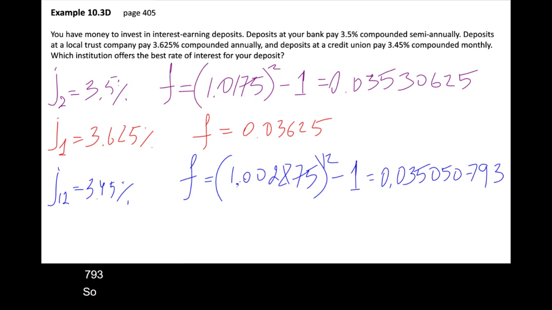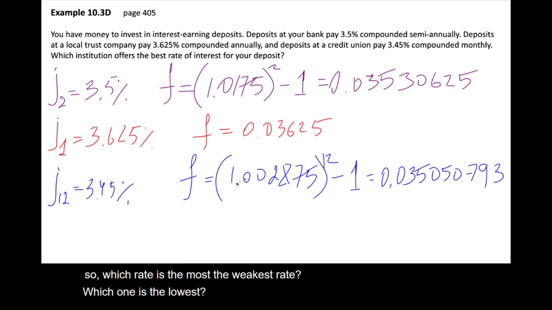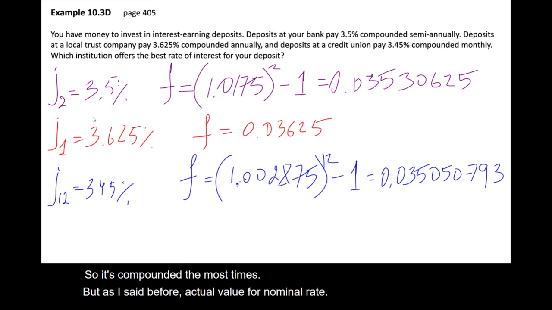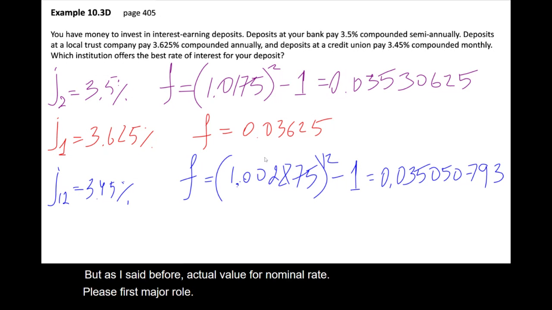So which rate is the weakest rate? Which one is the lowest? The third one, yeah. It's compounded the most times, but as I said before, the actual value of the nominal rate plays the first major role in the interest amount. Any questions here, people?